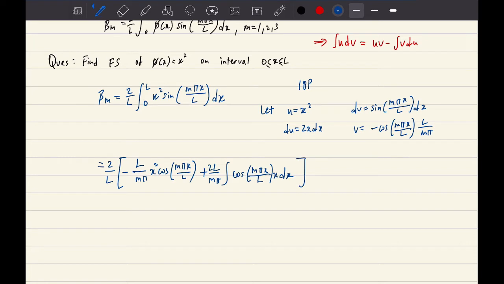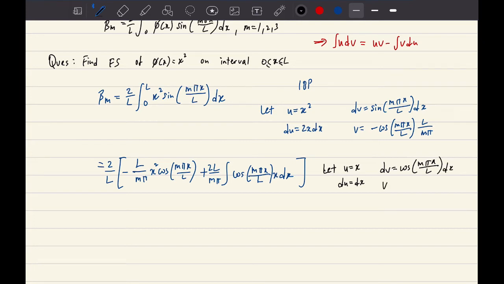Awesome. We're not quite finished yet, because we still have one integration to do. By the same procedure, we let u be equal to x, this time just x, so du is just dx, and we take dv as cos of m pi x on L dx.